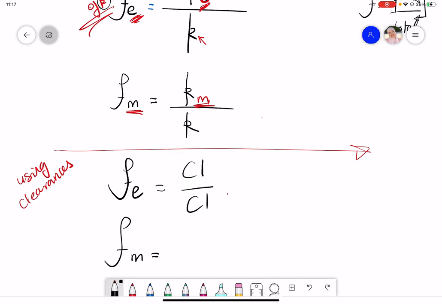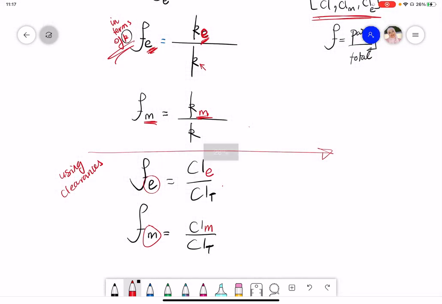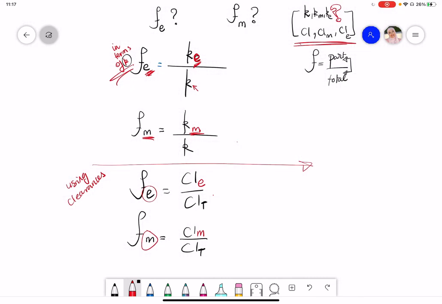The total would be your total clearance, which describes the whole or overall elimination process, either excretion or metabolism. If I want the excretion fraction, I will have excretion clearance. If I want metabolism, I need to have metabolism clearance. So just use the right term, okay?